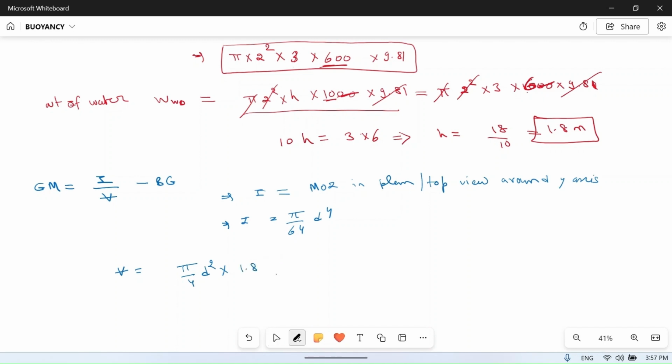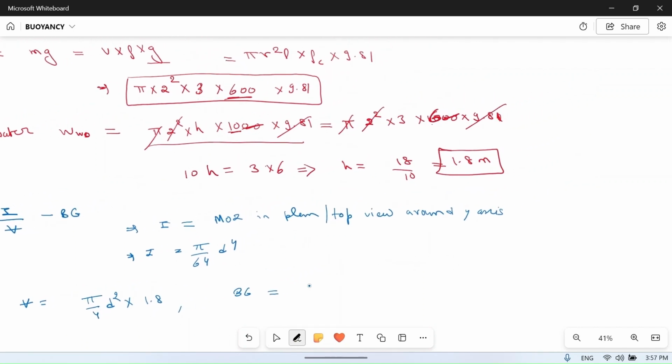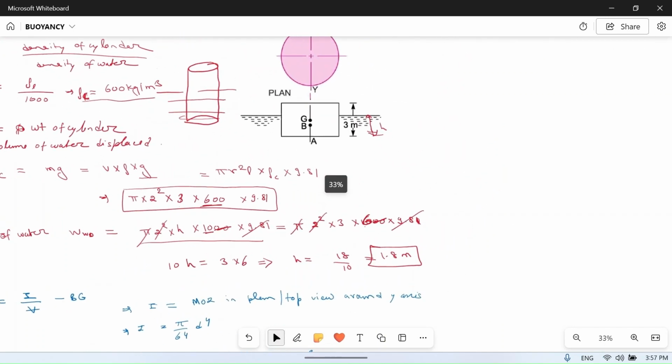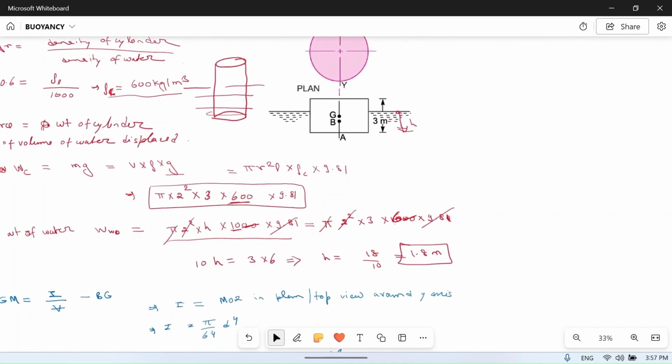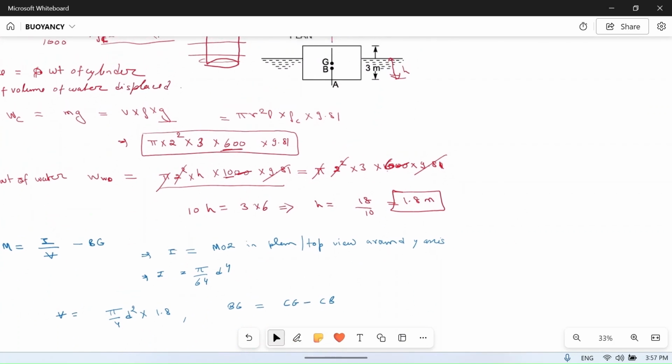Now BG is the distance between center of gravity and center of buoyancy. We can write BG as CG minus CB. What is the height of the cylinder? It is 3 meter.